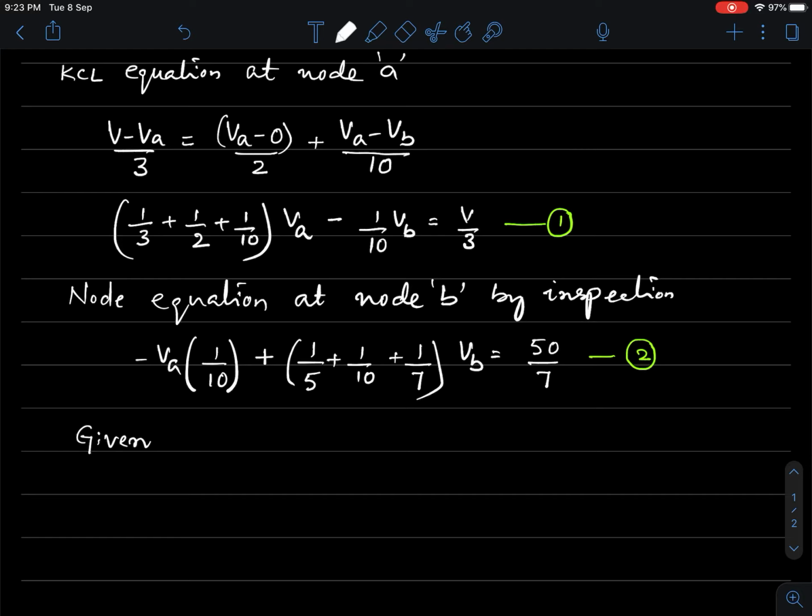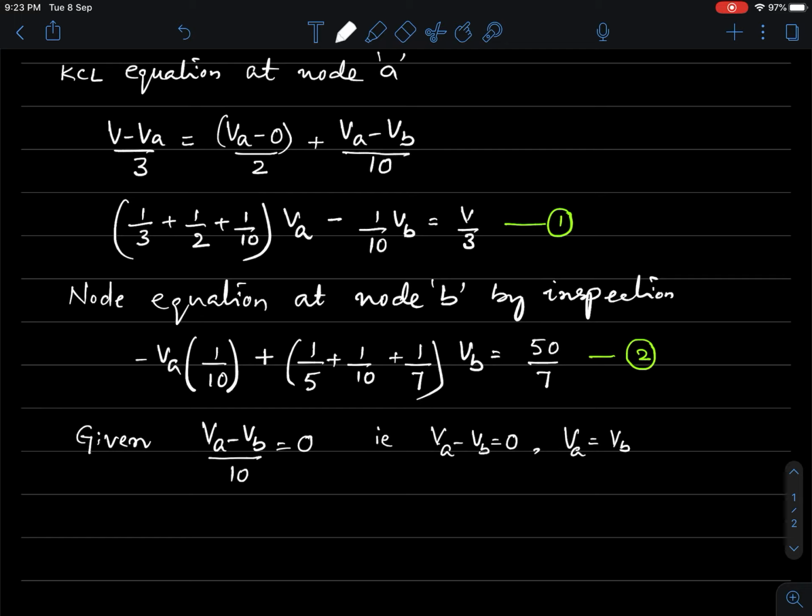The difference in potential across 10 ohms, that is VA minus VB, divided by the resistance. This should be 0. The given statement is now converted into a mathematical expression, which goes to say that if I cross multiply, I will get VA minus VB equal to 0, or VA equal to VB.